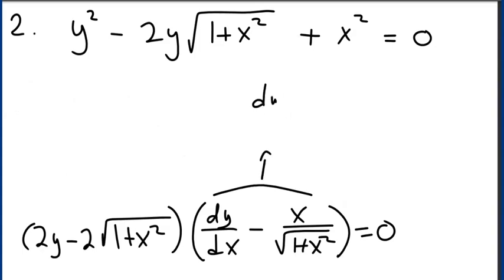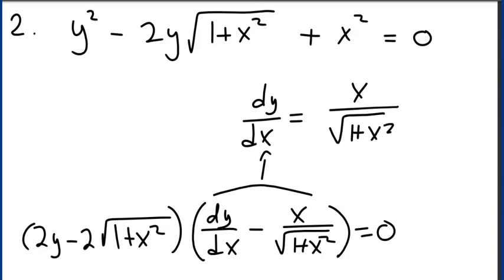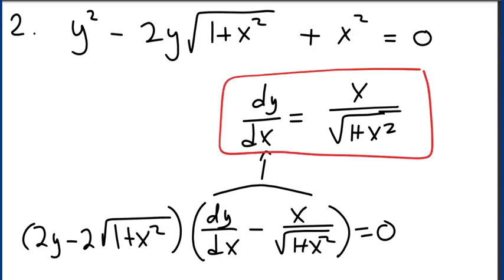When you equate the terms in the bracket to 0 and solve for dy/dx, you get the final answer, which is x over square root 1 plus x squared. So that is the answer that we are looking for.